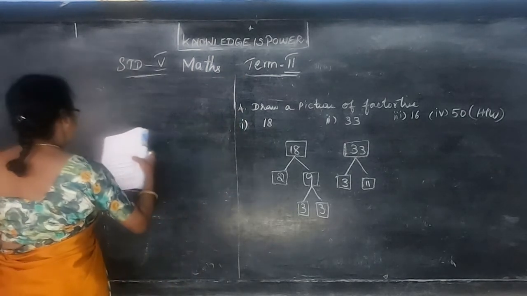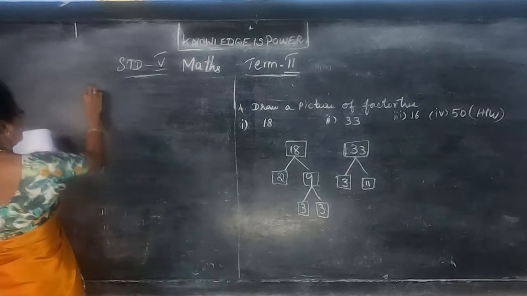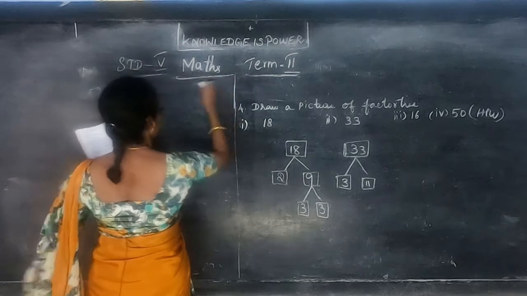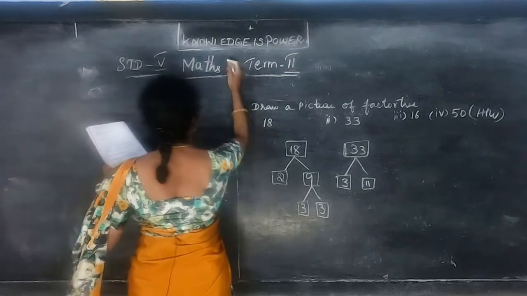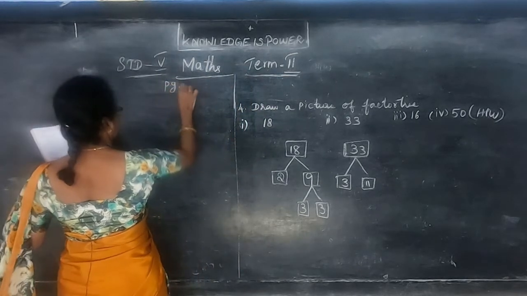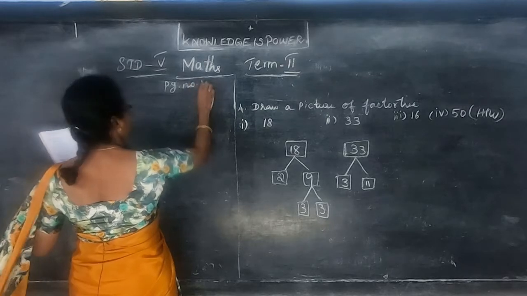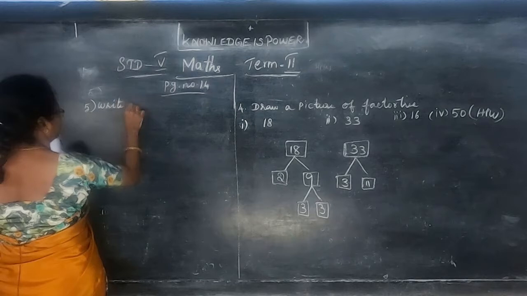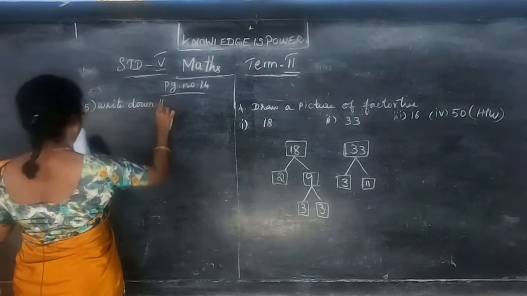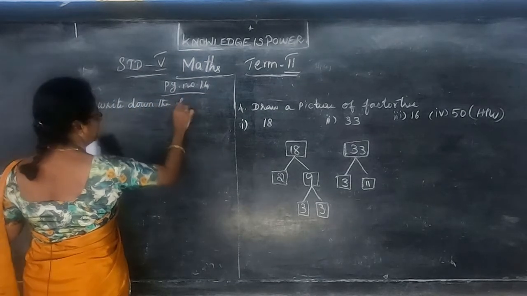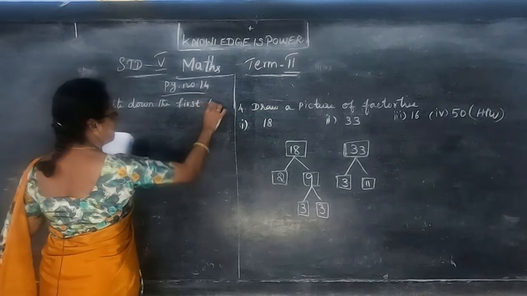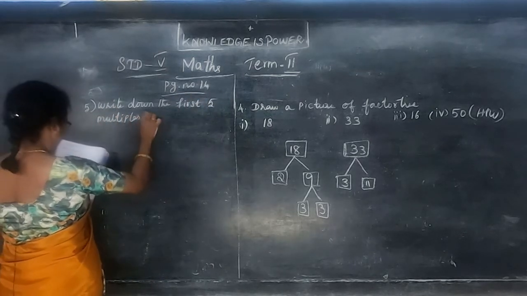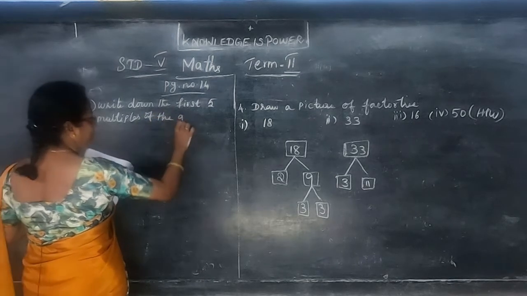Now the fourth sum is, write down the first 5 multiples of the given numbers, page number 14, same page only.